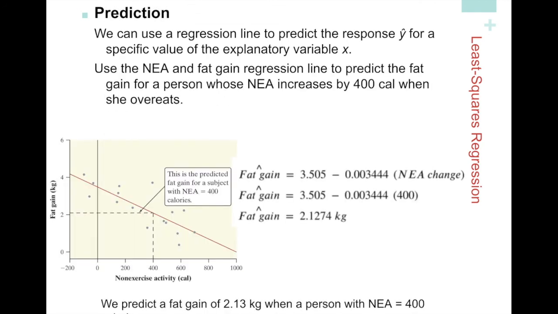For example, back here, this regression model is really only good from about -100 to a little more than 700. So if an AP exam question asks you what the model predicts about somebody who increases their NEA by 1200, well, 1200 is way out here. That's outside the range. That is extrapolation.